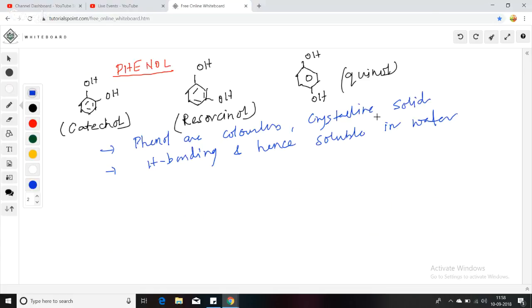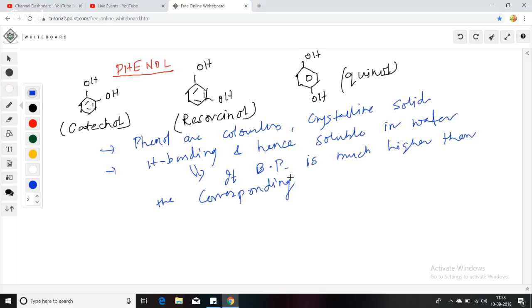Since we have hydrogen bonding present over here, because of hydrogen bonding also, its boiling point, BP, is much higher than the corresponding hydrocarbon.